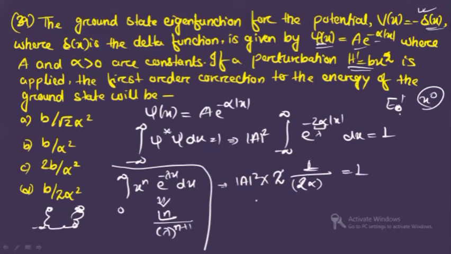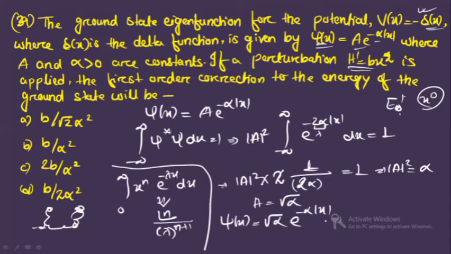So 2 and 2 will get cancelled. And from this, A will be equal to what? Root over alpha. If you take alpha to the right hand side, mod of A square is equal to alpha. This square is taken to the right hand side, so it has become root over. So finally from here you can write the eigenfunction for the ground state will be now root over alpha e to the power minus alpha mod of x.